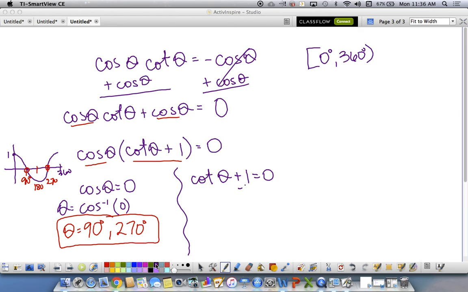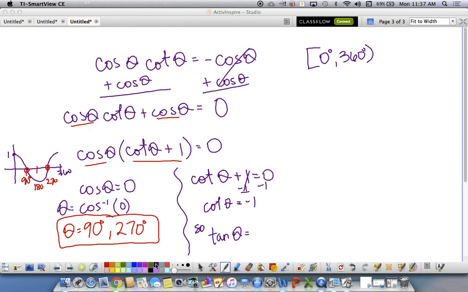So here I still have to subtract 1 from both sides. So cotangent theta equals -1. But I don't have cotangent in my calculator, right? So find the reciprocal function, which in this case would be tangent theta. So cotangent changes to tangent, I'm simply taking the reciprocal, flipping it.